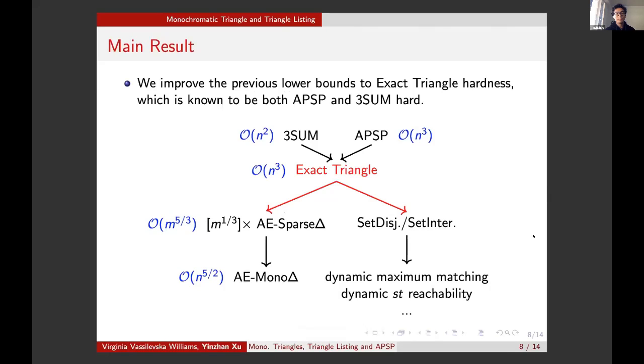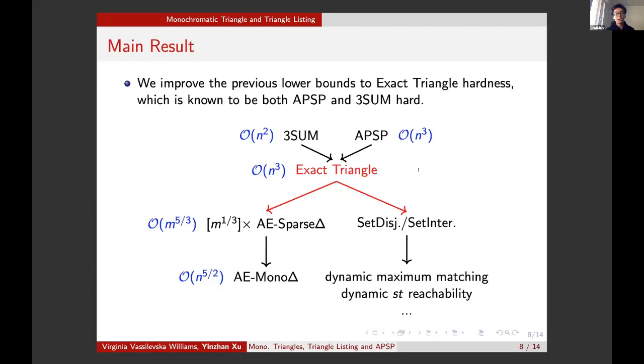Our main contribution is noted by the red edges here. So we essentially replace the 3SUM-hardness result of all-edges sparse triangle, set disjointness, and set intersection with a stronger exact triangle hardness. What's good about this is that previously it is known that exact triangle is harder than both 3SUM and APSP.